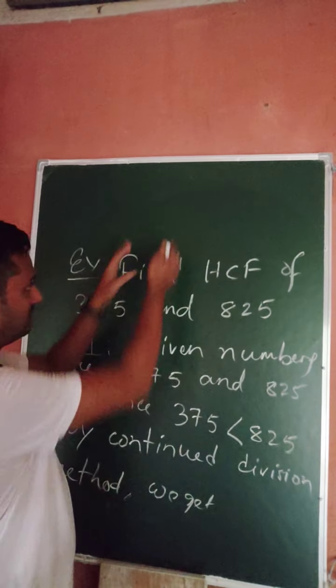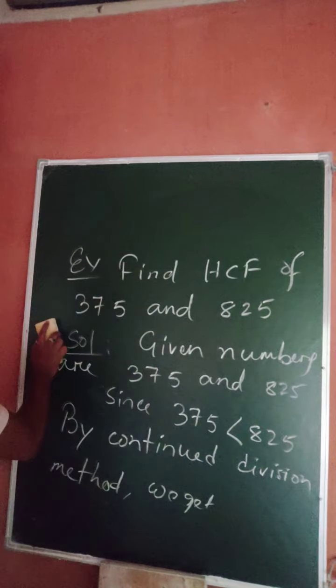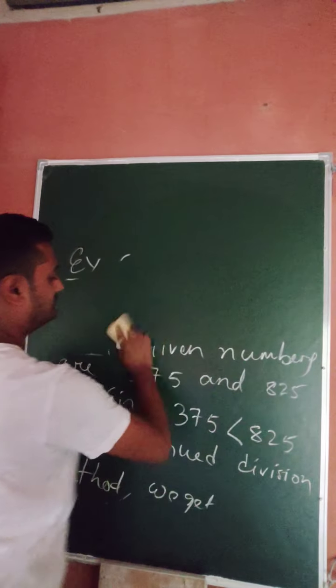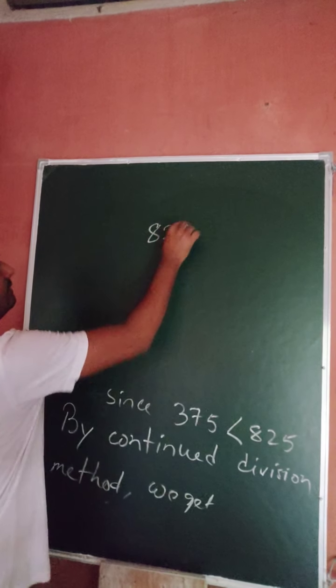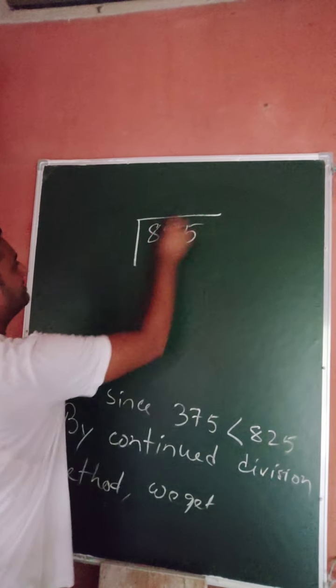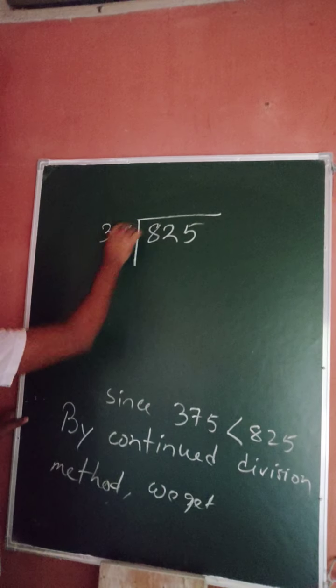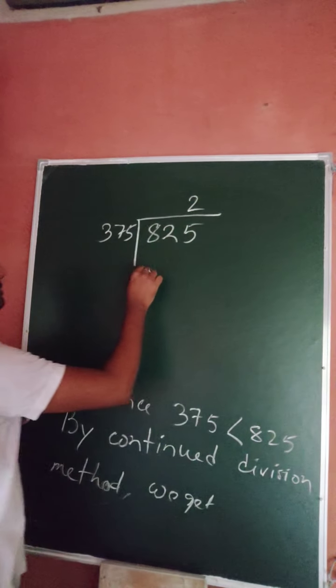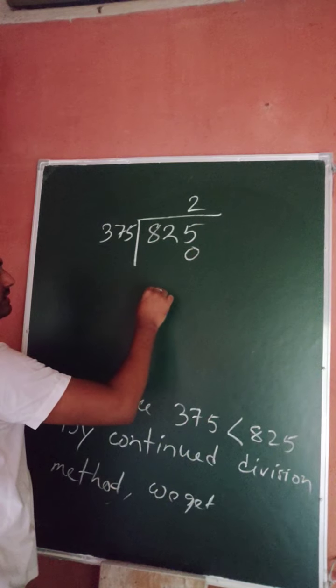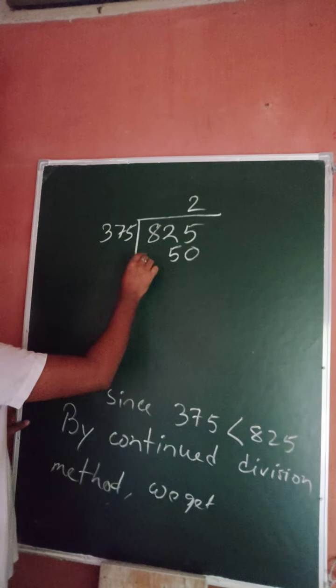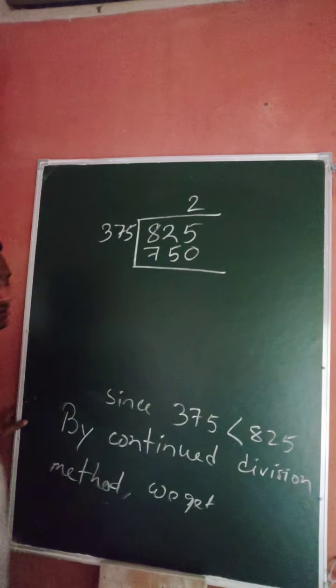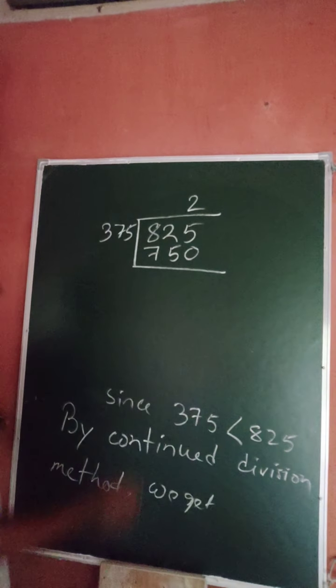I am writing here. 825 you have to divide by 375. So 375 into 2: 2 fives are 10, 0 and 1 carry on, 2 sevens are 14, 14 plus 1 is 15, again 1 carry on, 2 threes are 6, 6 plus 1 is 7. All of you do the multiplication by yourself.